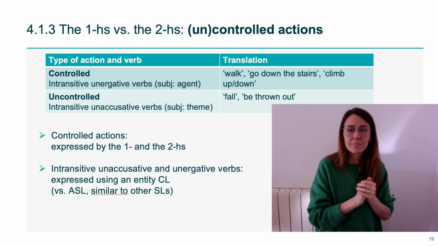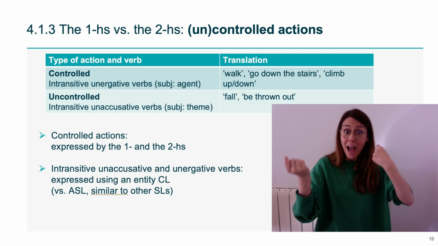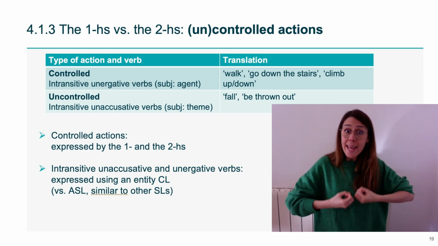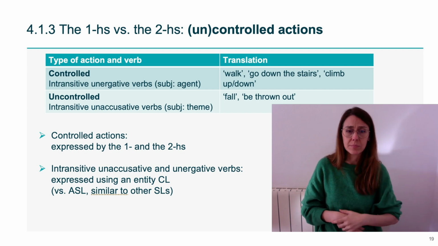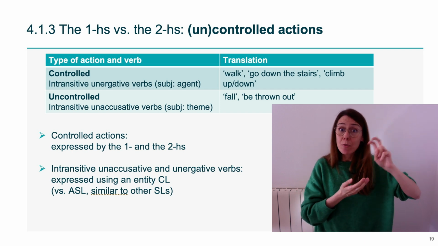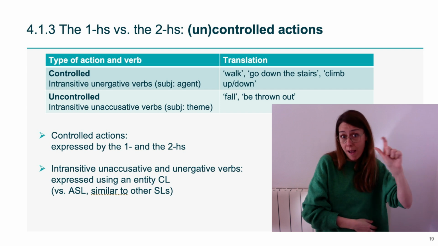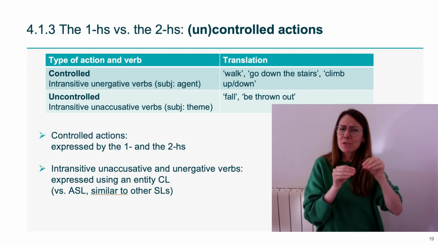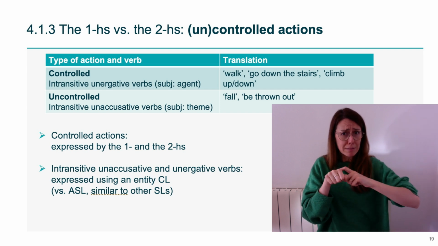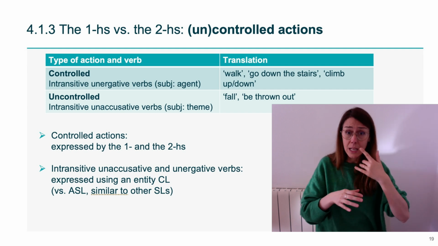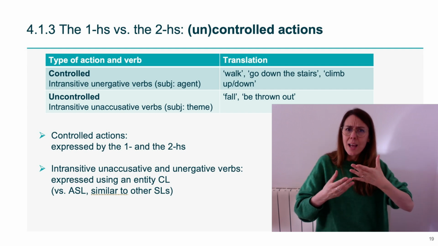So verbs like walk, go down the stairs, climb up or down. In the uncontrolled class, we find intransitive and accusative verbs. So verbs that take only one argument, which is the subject, and correspond to a theme. Verbs like fall or be thrown out. So what we found then is that controlled actions can be expressed by the one or the two hand shape.